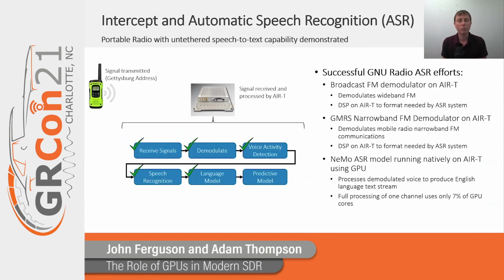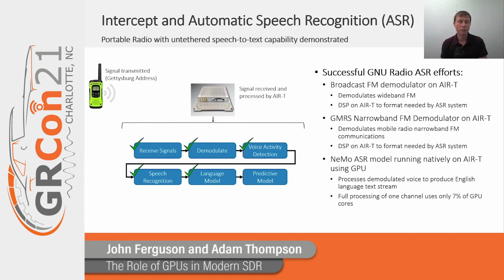So what we have done is implement all of that GNU Radio flow graph. We're operating in GNU Radio here. This is untethered speech to text. We have demonstrated that this has the ability to work with broadcast FM, so we demodulate NPR and stream that to a text file.